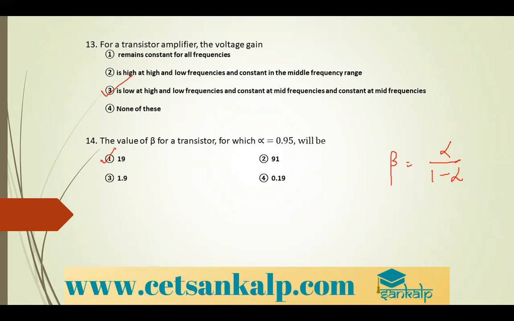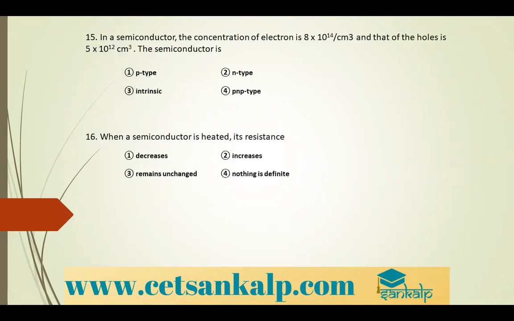In a semiconductor, the concentration of electron is 8 into 10 to the power 14 per centimeter cube. So I can write concentration of electron is nothing but Ne.